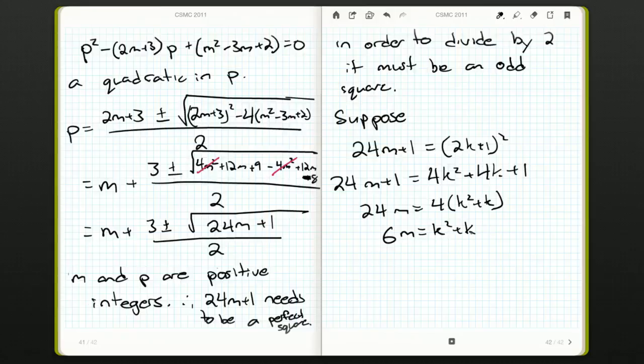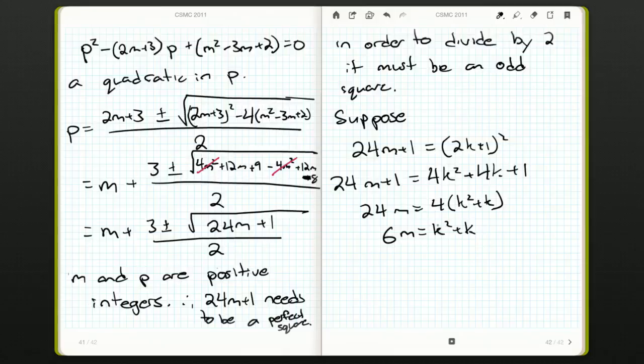Okay. If k is odd, then we still have even on the right-hand side. If k is even, we still have even on the right-hand side. So this 6 isn't really telling us a whole lot. What if it was 3? So if k was divisible by 3, then this would be divisible by 3. If k was congruent to 1 mod 3, then we have 1 plus 1, that'd be 2.